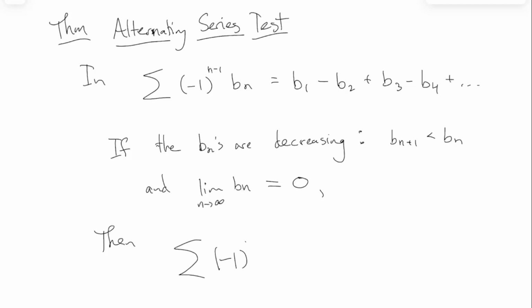The sum of minus 1 to the n minus 1 times b_n converges. This is called the alternating series test.